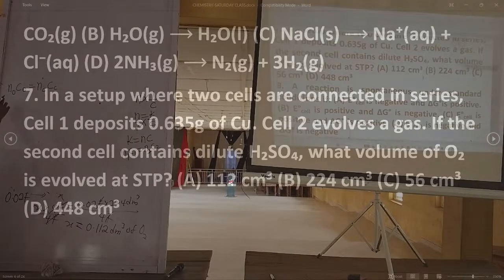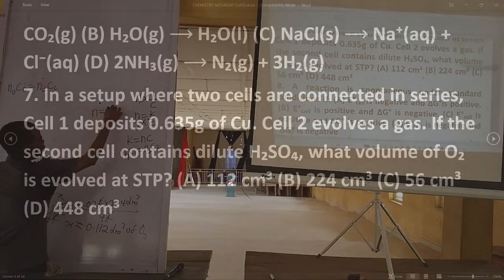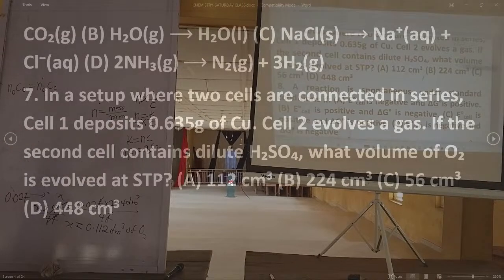Now, don't forget N is equal to mole, and we know that mole is mass over molar mass. That is for a metal. But if you want to calculate the number of moles of a gas, that's the volume of the gas divided by what? 22.4 dm³.